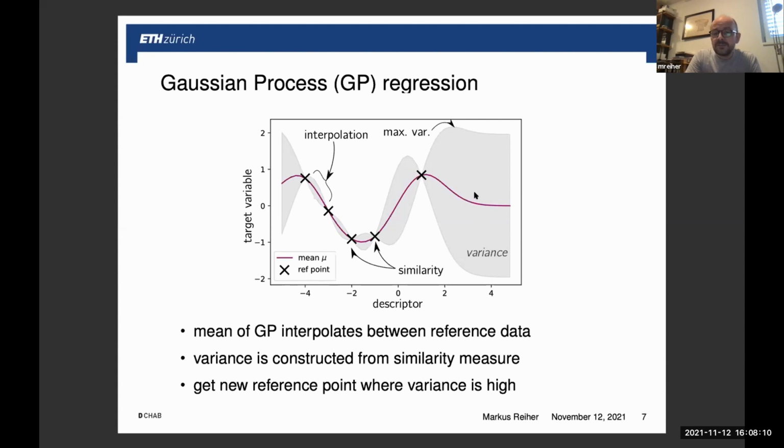Surely this is a very efficient way to have reference data at positions where we need them, for structures for which we really need them, and a way that allows us to reduce the number of reference calculations, right? We don't have an arbitrary distribution with some arbitrary measure of determining where we do the reference calculation, but we let the Gaussian process determine this.